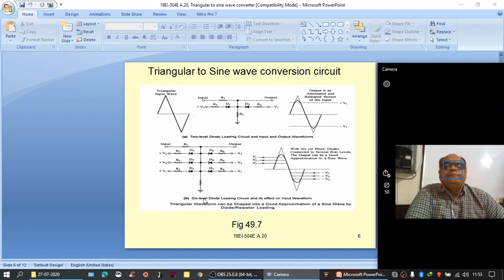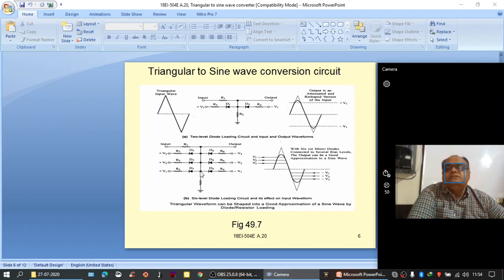during the positive half cycle, when the triangular voltage is increasing gradually, initially it increases beyond a voltage which is equal to Vin by R1 plus R2. Anyhow, the output voltage here is Vin by R1 plus R2 into R2.